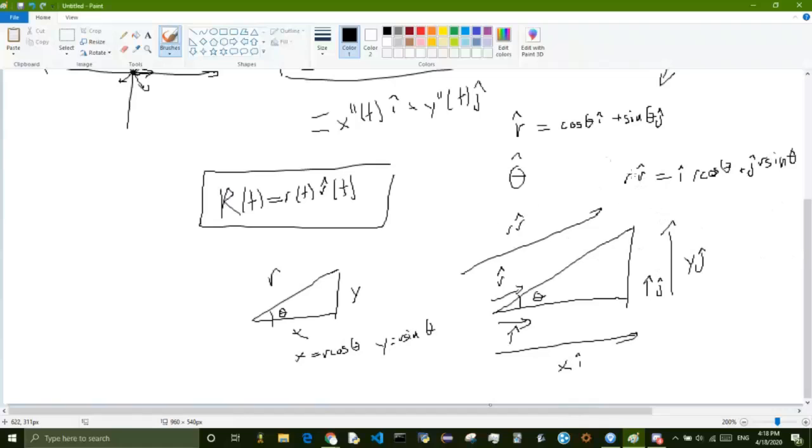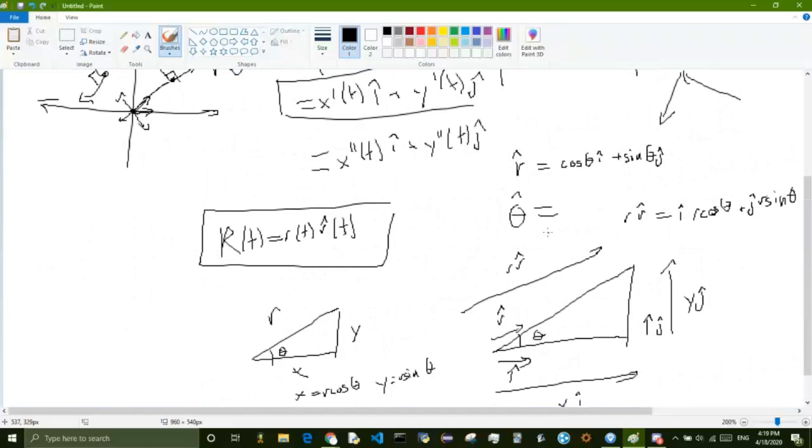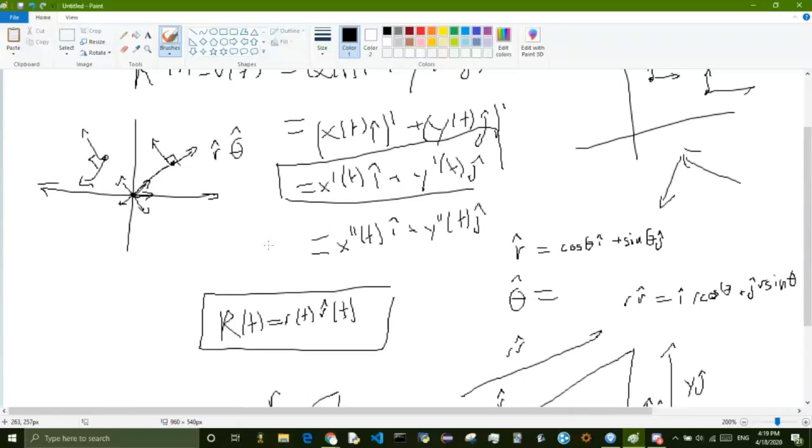Okay, nice. Now, how do we get theta hat? Well, we could go through the process of trying to construct a perpendicular vector, or we could try and use geometry. But what I would like you to notice here is that if we take the derivative of r hat with respect to theta, how does r hat change with respect to theta?